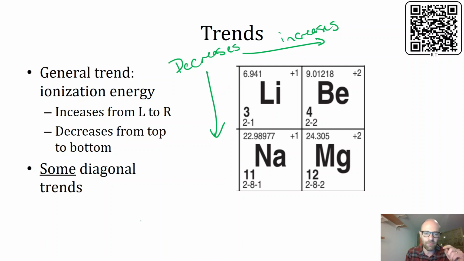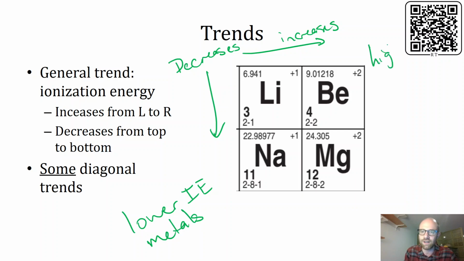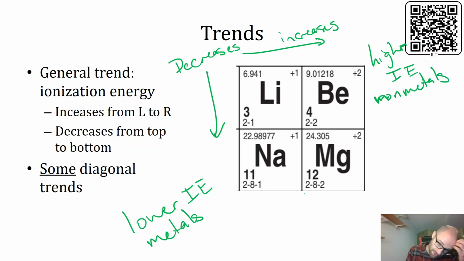This means that we have lower ionization energies here, on the lower left-hand side of your periodic table, where you have metals, and we have higher ionization energies here, which would be mostly associated with nonmetals. There are some diagonal trends if you follow that, bottom left to upper right, just like before, but it's really hard to draw any sort of ionization energy trends in the upper left to lower right diagonal path.